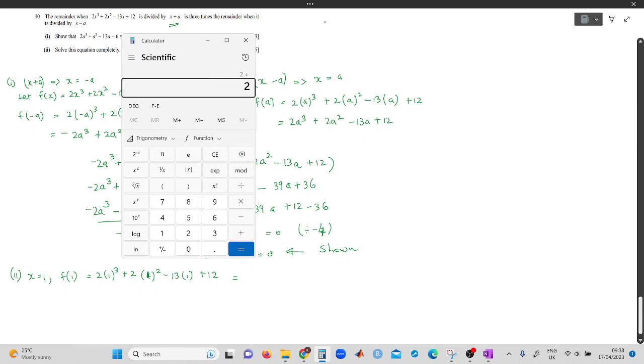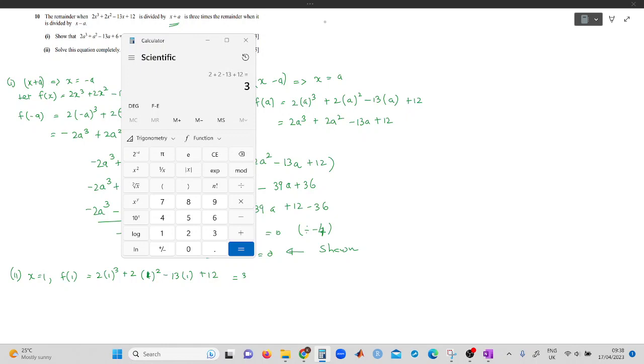Donc 2 plus 2, retirer 13 plus 12. Donc il fait moins 3, so not possible. Let's try x equals to minus 1, or minus 1 cube plus 2 minus 1 square minus 13 minus 1 plus 12. Let's try this out.